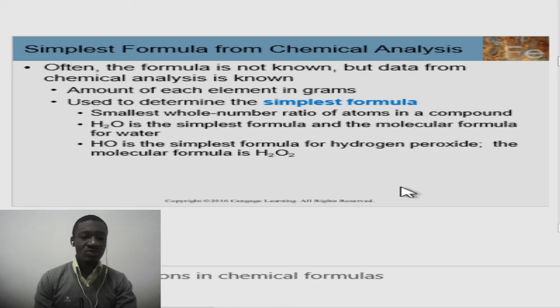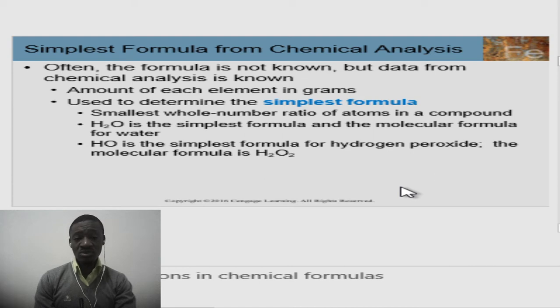So the amount of each element in grams, and that's very important. The example I have here is water. The simplest formula of water would be H2O. It can't be any less than that. Then we see the example of hydrogen peroxide, where the simplest formula can be HO. Looking at it, it's still whole numbers, it's not half.